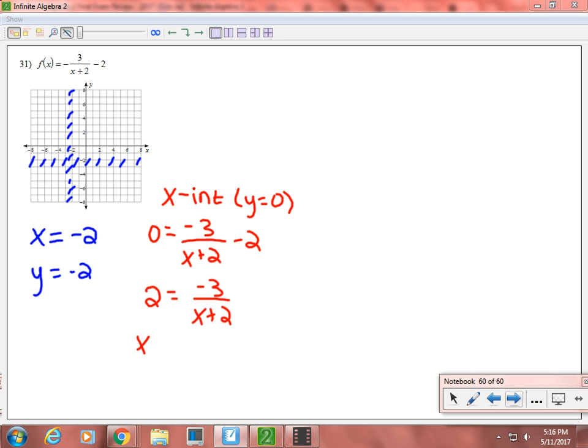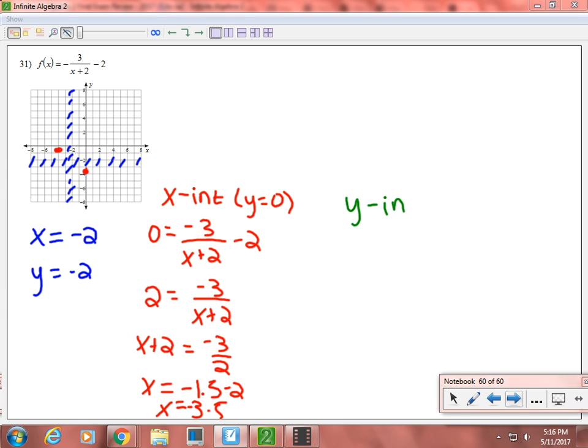I can flip-flop, -3 halves, and then subtract 2. So -3 halves is really -1.5, and subtract 2 more. So x is really -3.5. So on the x-axis, I'm at -3.5. So when I reflect this, where these intersect, I'm going 1, 2, and down 1 and a little. So I'm going to go right 1, 2, and up 1 and a little. Note that these are going to be in quadrants 2 and 4 because of the negative sign.